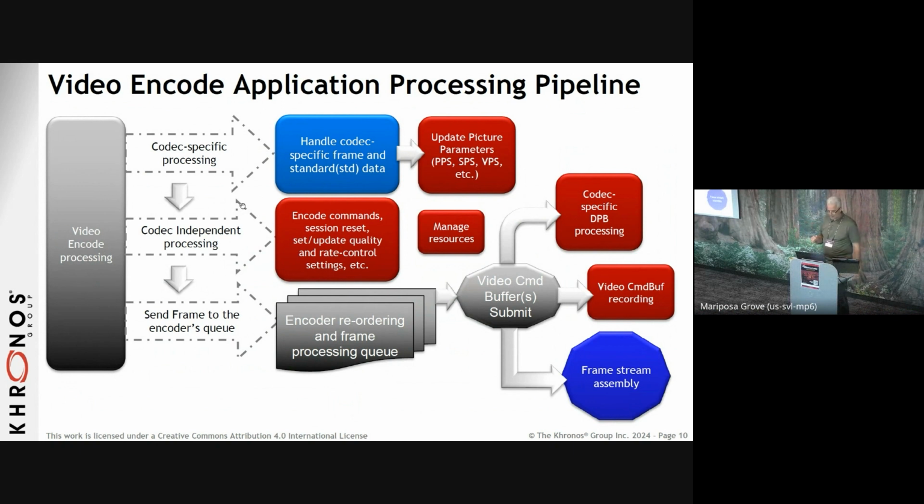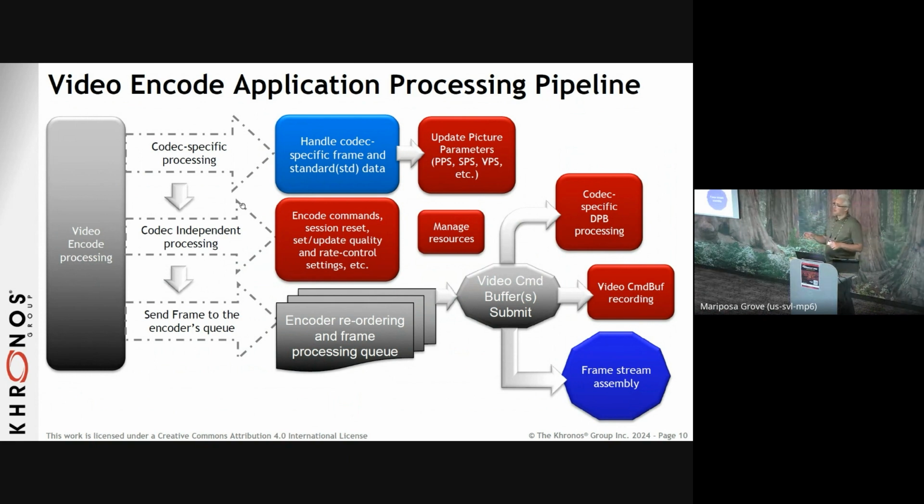And managing resources, again, this is a very low-level API, so anything from allocating input images, staging images, DPB buffers, to allocating DPB slots, everything which is specific to resources is in control of the application. This is what makes the API so powerful: if you wanted to, you could tune your application the way you want.